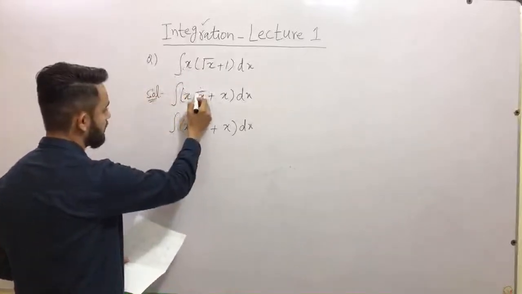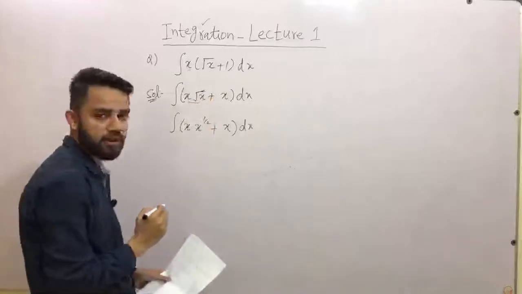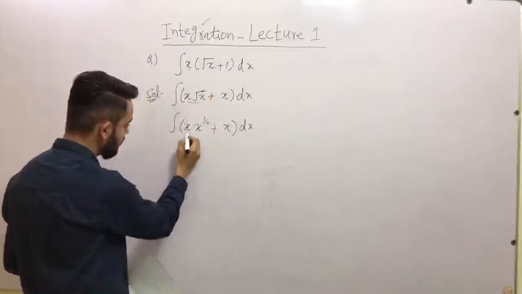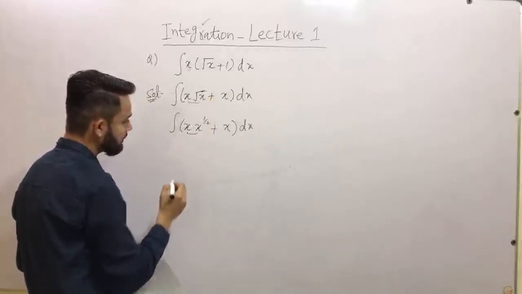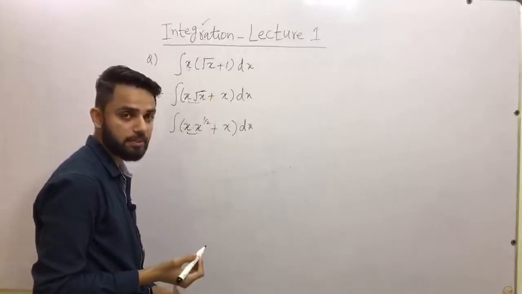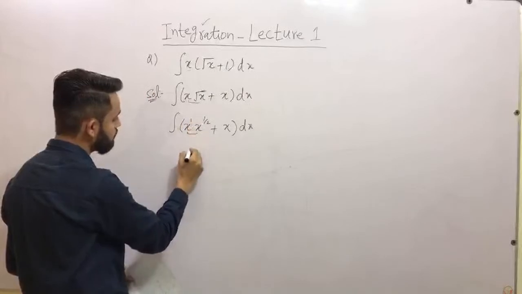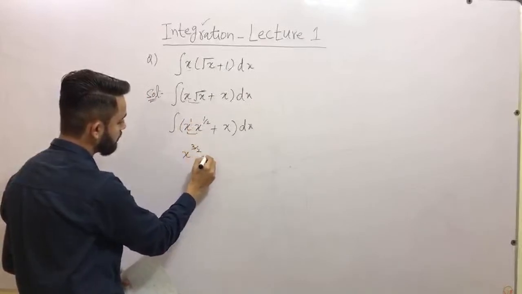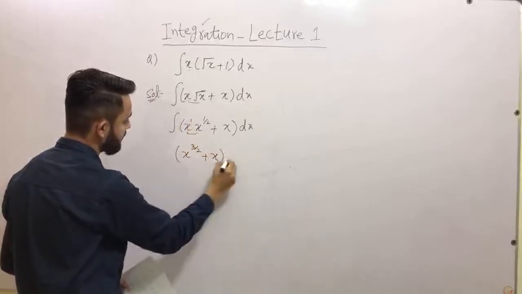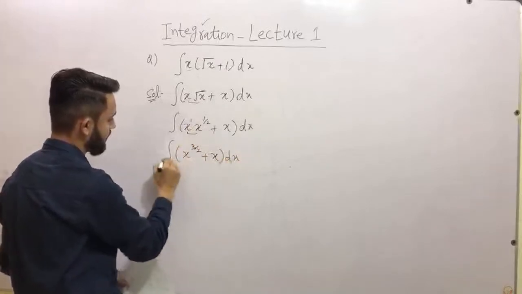So I converted the square root of x into x to the power 1 over 2, and we know that when we multiply two terms with the same base, the powers are added. So 1 over 2 plus 1 will give you 3 over 2, plus x, and then dx.